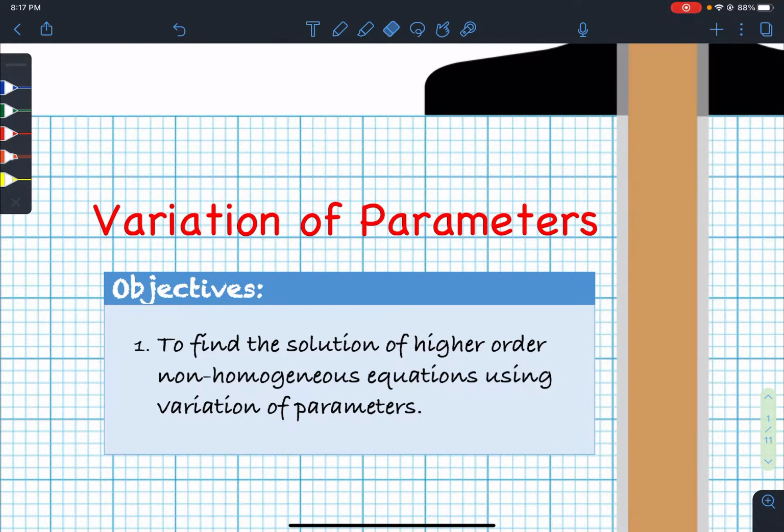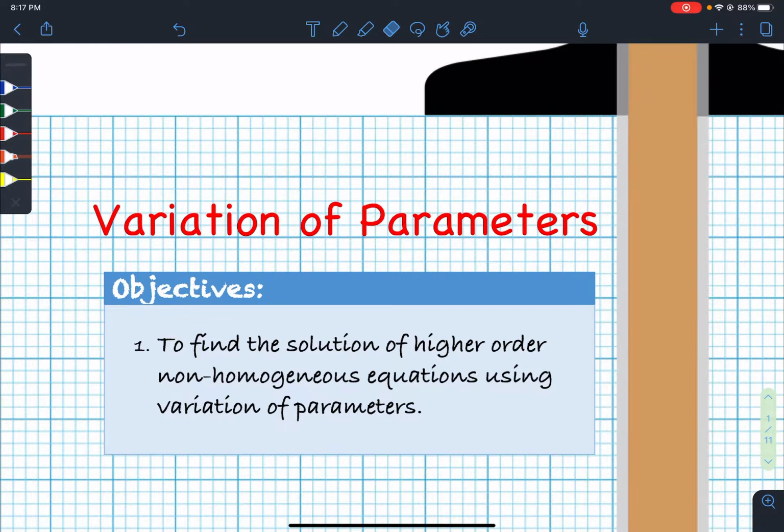As was mentioned before, the undetermined coefficient is limited to certain functions, including algebraic, exponential, as well as sine and cosine. However, the variation of parameters is sometimes a bit more complex as compared to undetermined coefficient.